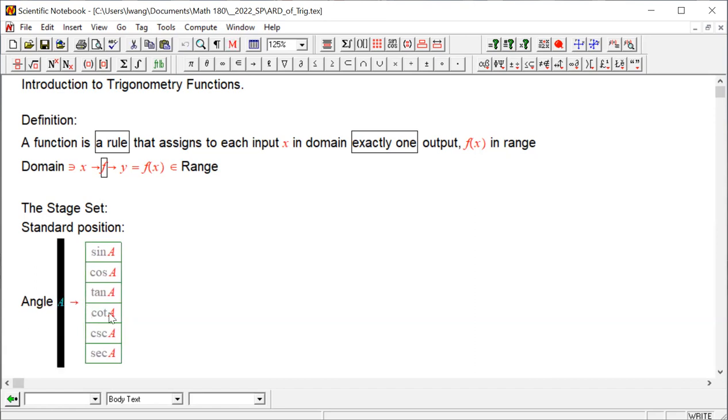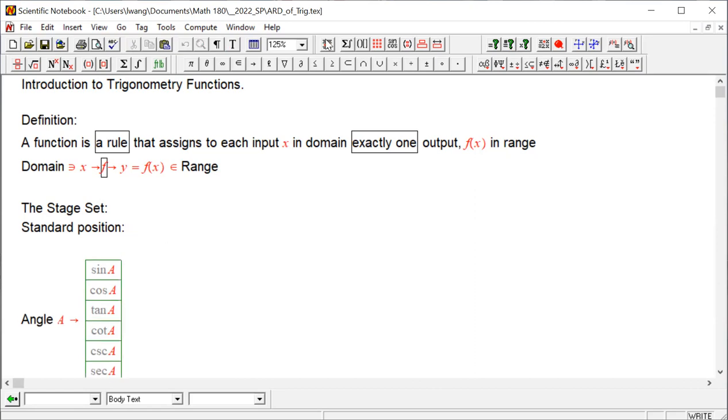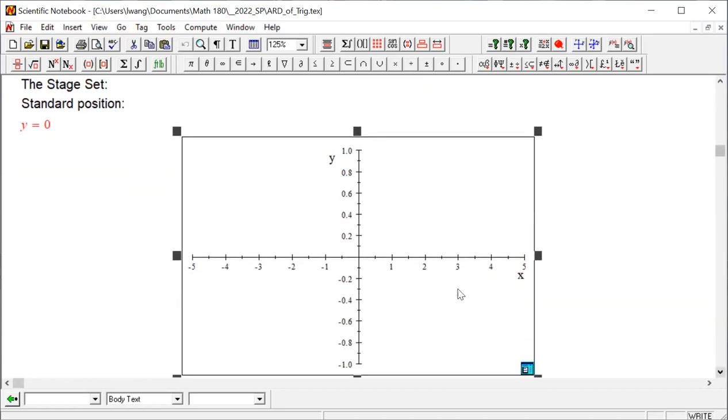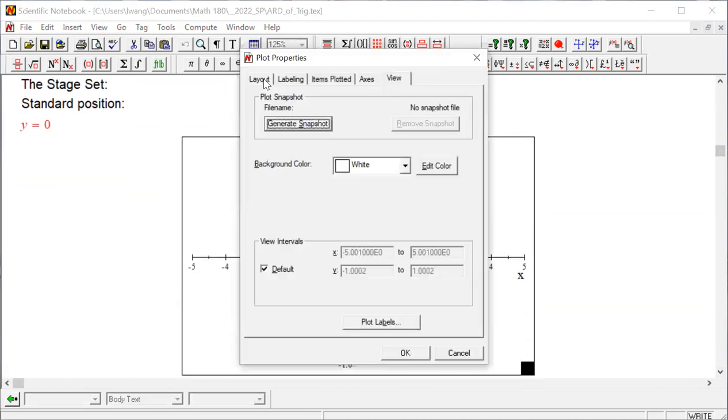This angle, we have to talk about how this angle is measured. This angle is measured from something called standard position. So what is standard position? I'm going to draw a graph for you. The standard position is a position very specifically and consistently in the stage set.